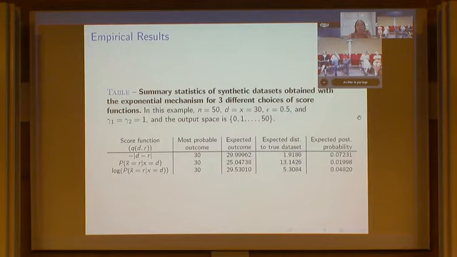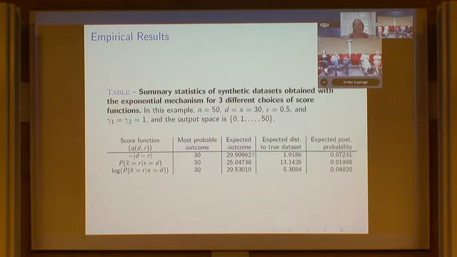What I do is look, for every one of the score functions, at what the most probable outcome is. It's going to be 30 in all cases because that's how I design my score functions. I want them to output the true database, the 30, with higher probability, but I have to allow for other things to be outputted. This is descriptive statistics of what happens. The expected outcome: if I use a score function that's the Euclidean density, I have the closest expected outcome.